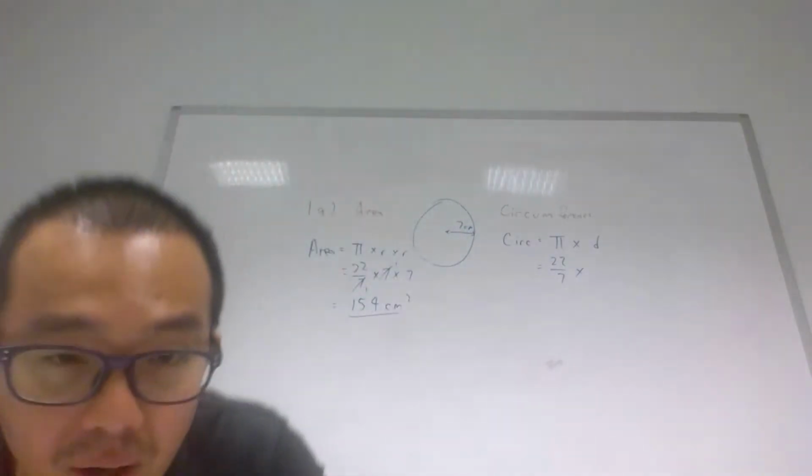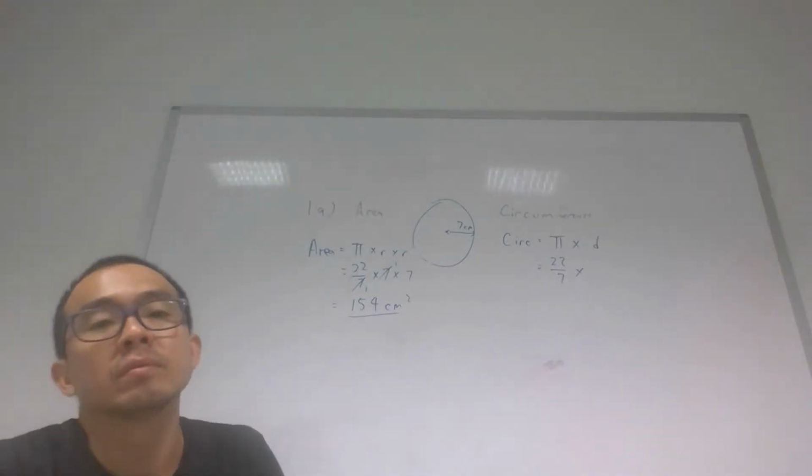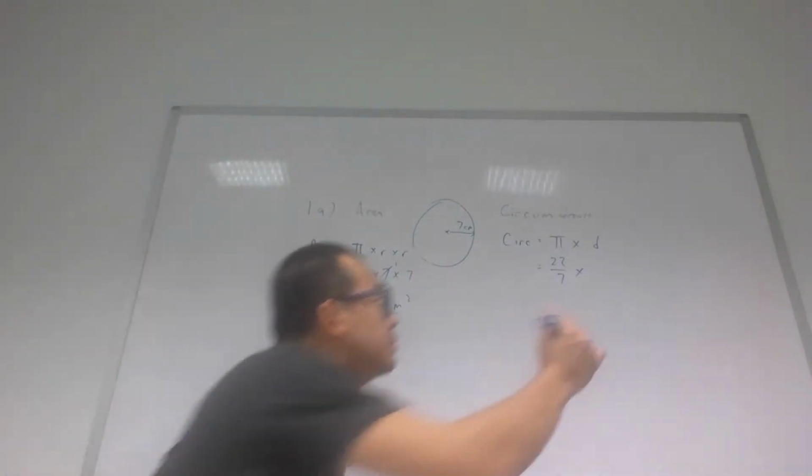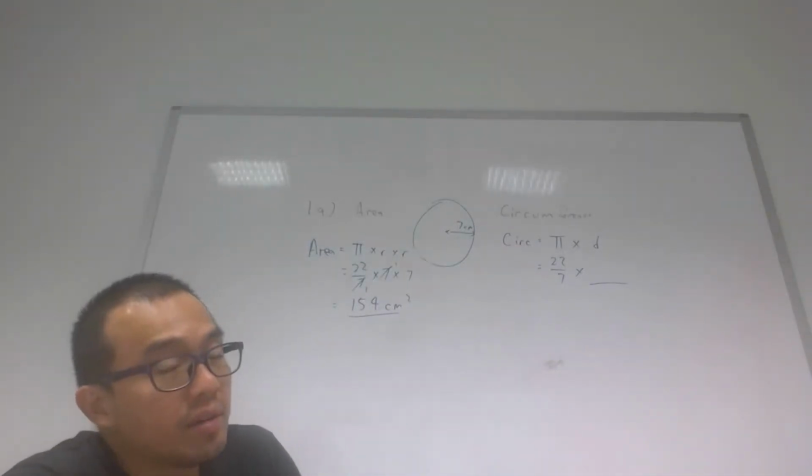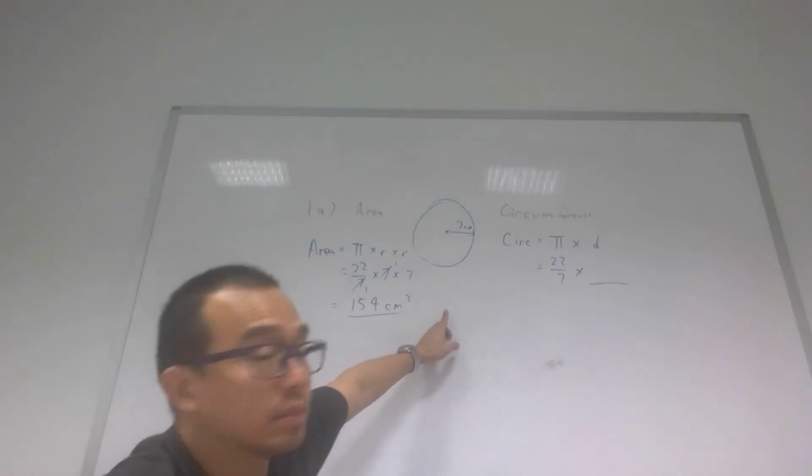Oh, sorry, am I blocking? What's the diameter? What's the diameter? 7 divided by 2. Okay, I want to ask you one thing.